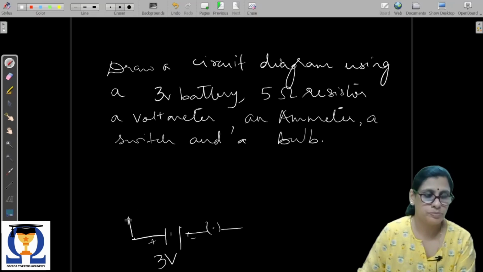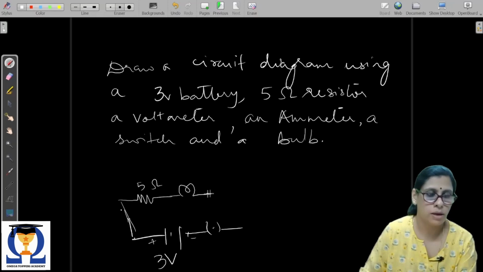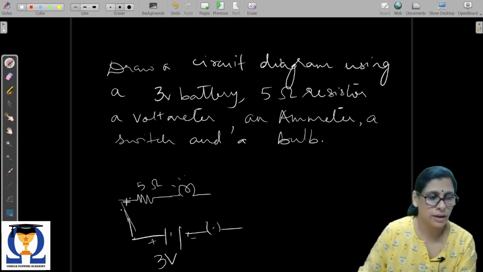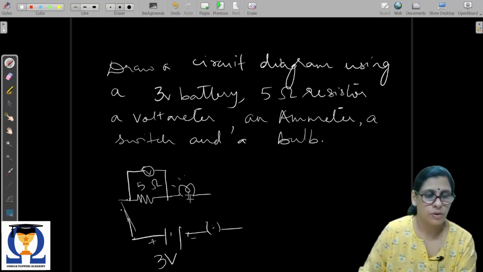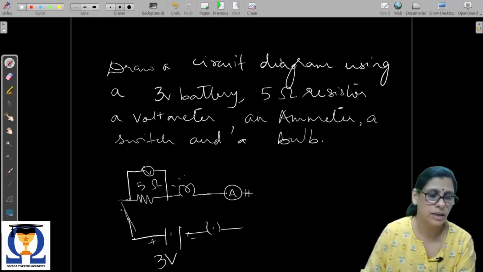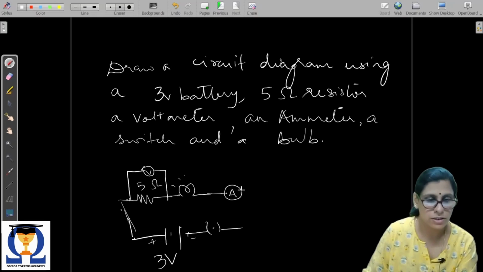Then comes the 5 ohm resistor, then comes the bulb, and then the voltmeter is usually connected in parallel to the resistance, and the ammeter is connected in series in a circuit.